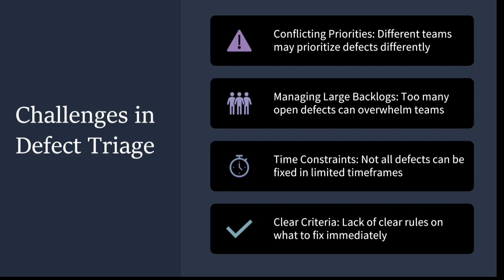It is very difficult to manage all the defects because everything keeps getting added. Then there is time constraint: not all defects will be fixed as planned. Sometimes there is a lack of clear criteria as per rules, so we need to check that and fix it immediately. These are the challenges we face while doing defect triage.